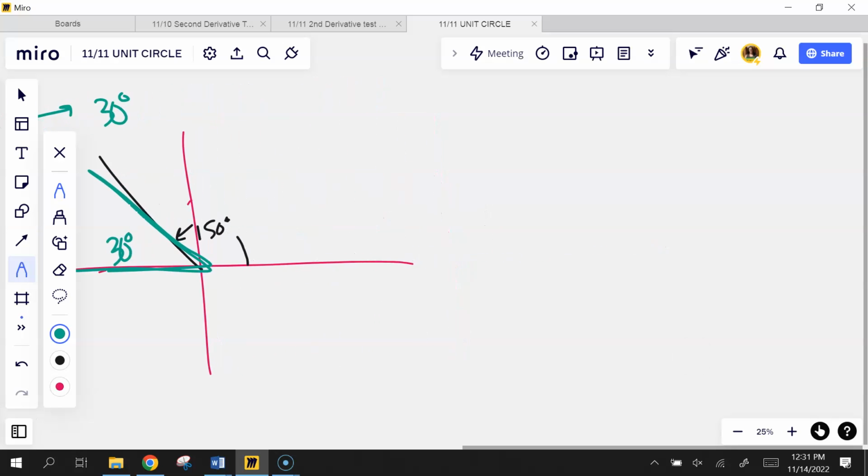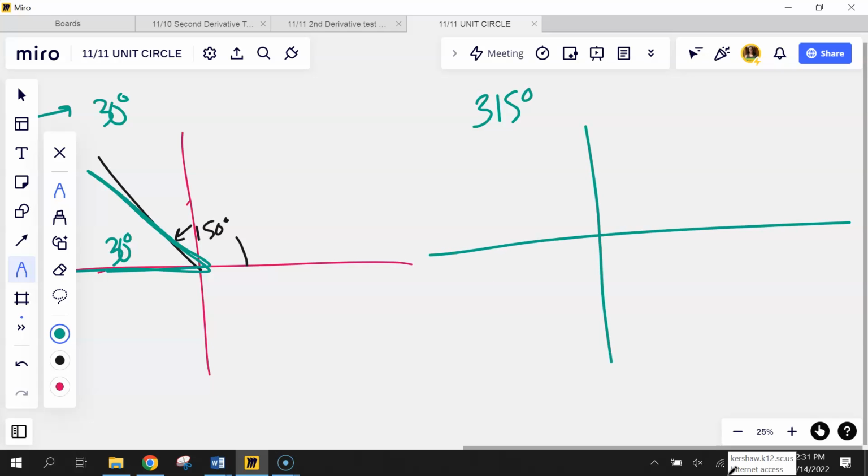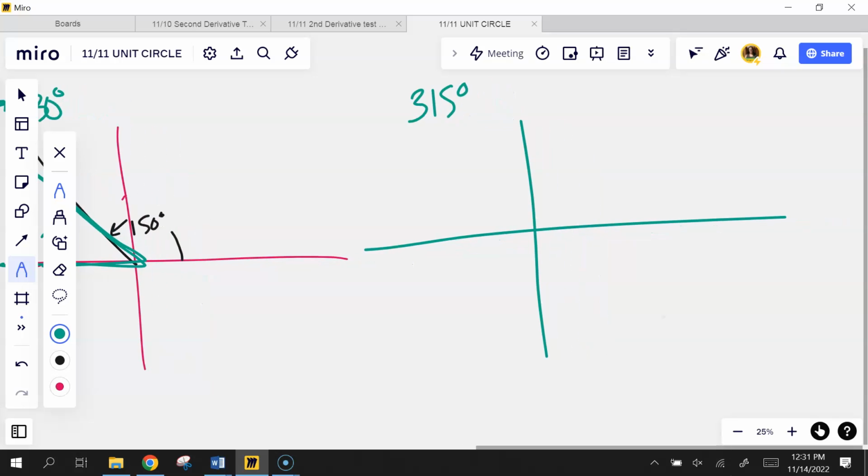Look at you going. So 315 degrees falls where? What's the reference angle?